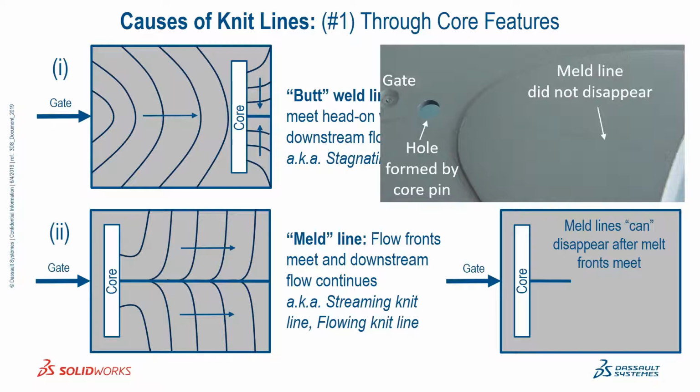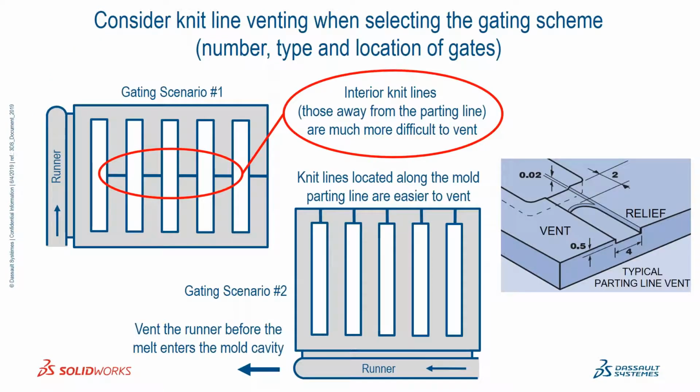So sometimes the knit line disappears and sometimes it doesn't. It's one of the frustrating things with knit lines that there's no easy way to know ahead of time whether this will happen, because it varies depending upon the material you're using, the pigment system, and a variety of other factors.